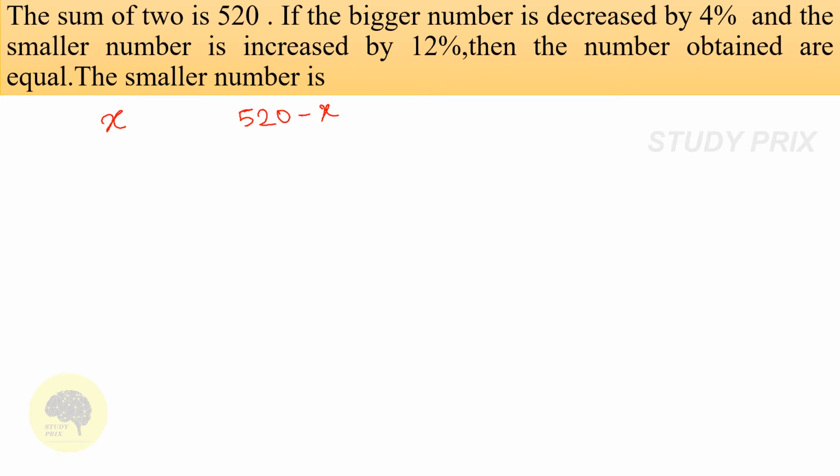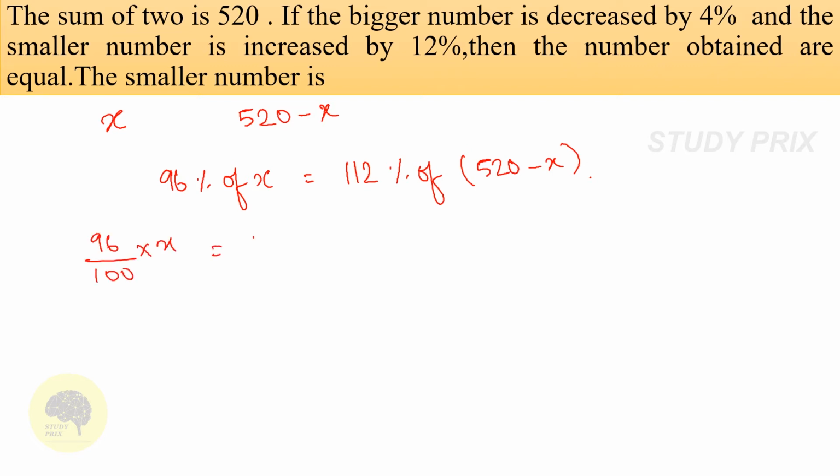If the bigger number is decreased by 4%, the bigger number must now be 96% of the bigger number, which is equal to the 12% increase of the smaller number, therefore 112% of the smaller number, which is 520 minus x. Therefore 96 by 100 into x is equal to 112 by 100 into 520 minus x. So we have to find x.